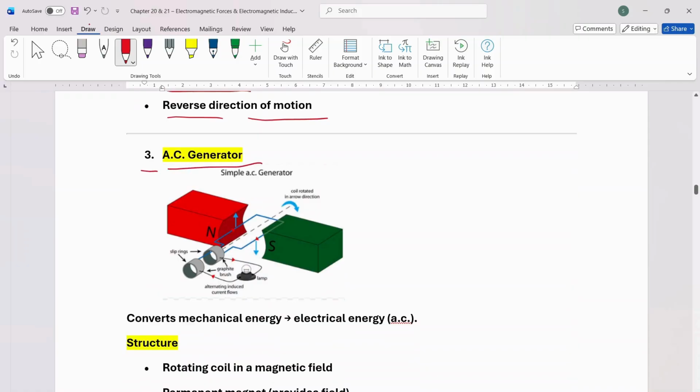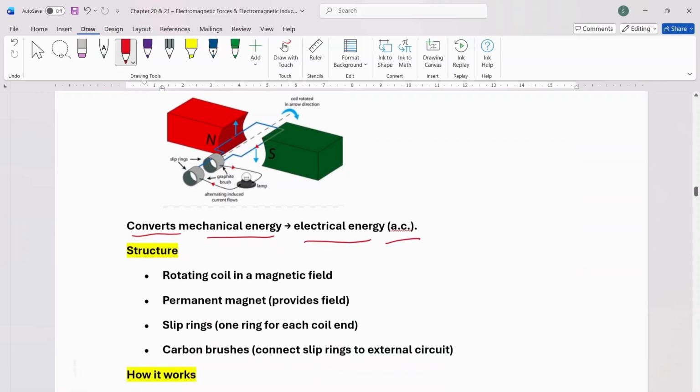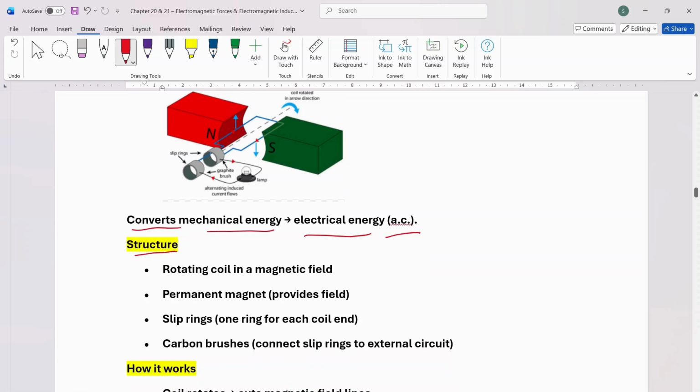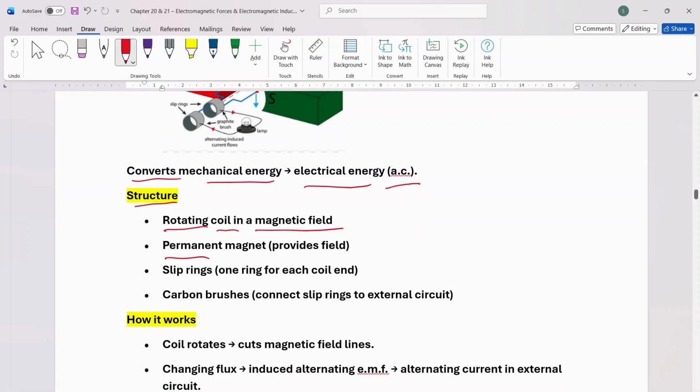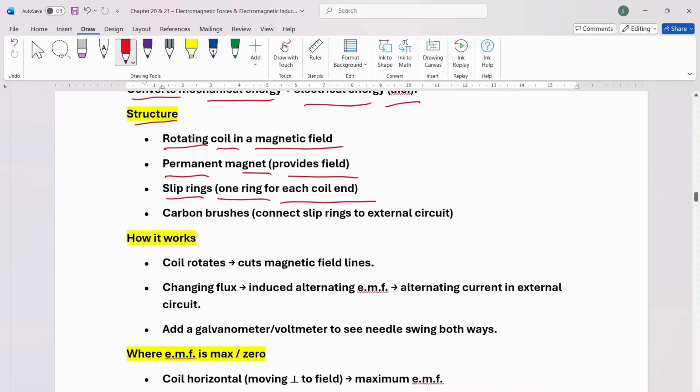Third, now we have the AC generator. It converts mechanical energy to electrical energy, AC. Structure: a rotating coil in a magnetic field. A permanent magnet provides the field. Slip rings, one ring for each coil end.